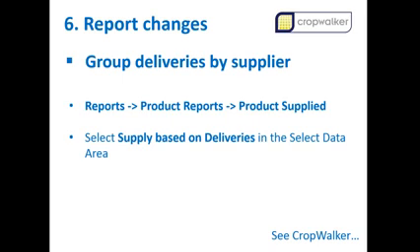So underneath reports, and then product reports, you've got a product supplied option, and then when you open up the preview screen, if you select supply based on deliveries in the select data area, this will produce this report that groups deliveries by supplier.